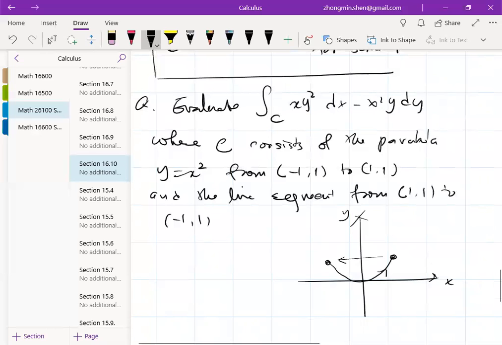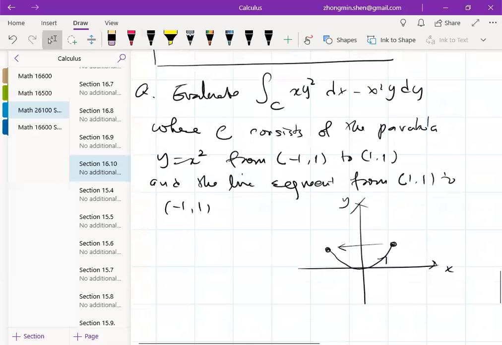We're trying to evaluate this line integral. Where is the function? It's x y squared, x squared.